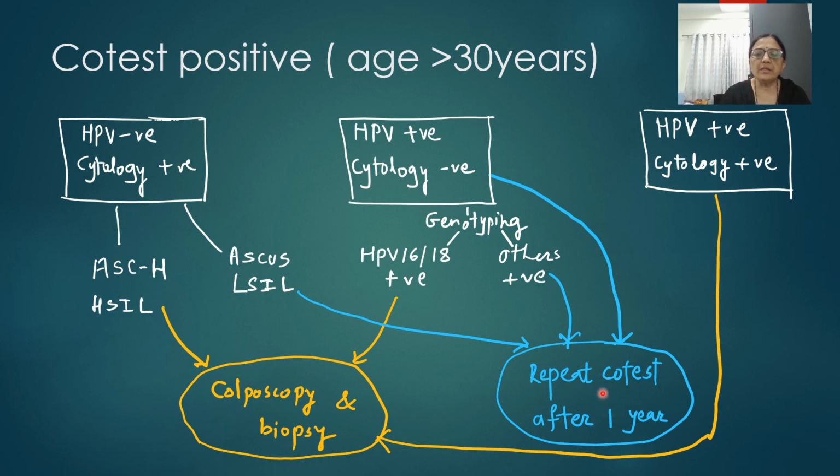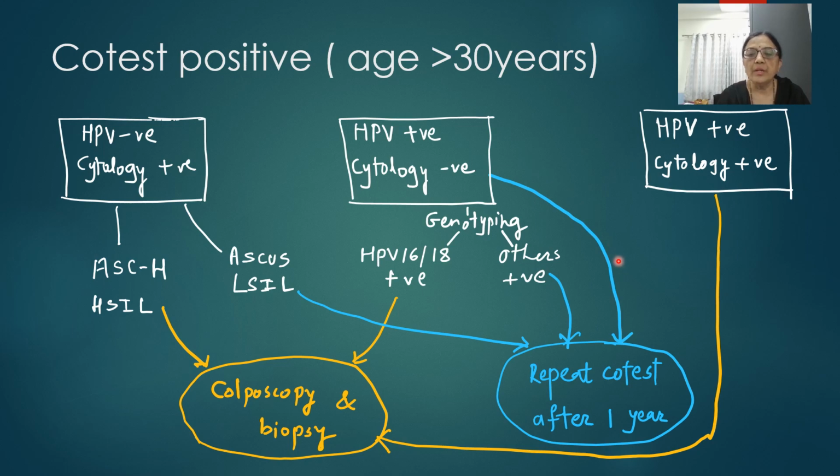Now remember that cervical intraepithelial neoplasia takes years to convert to invasive, and that too it converts to invasive only in few cases. Not all patients of cervical intraepithelial neoplasia will always go on to invasive disease. Not all patients with HPV positive will go on to CIN.